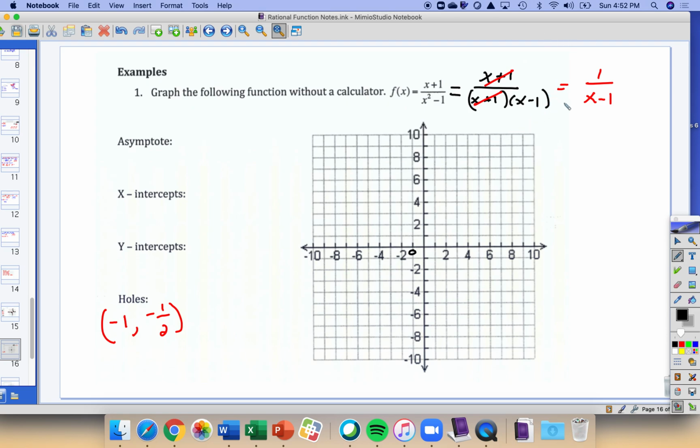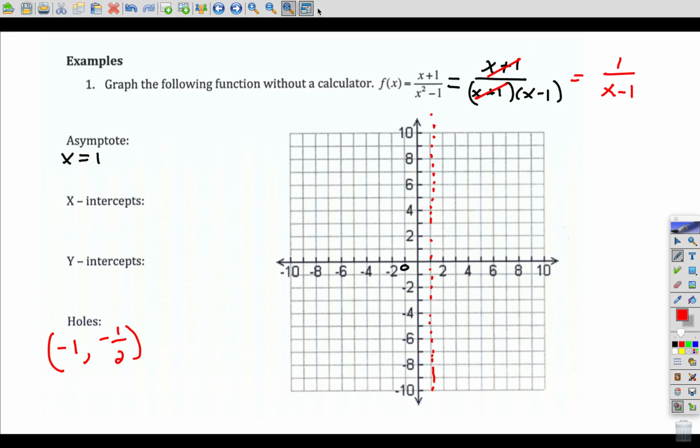Okay. Now, I'm looking at just this function. Asymptotes. Vertical asymptotes come when my denominator is equal to 0. So when I set x minus 1 equal to 0, I get a vertical asymptote at x equals 1. So here's x equals 1. Let's put a vertical asymptote. Okay.